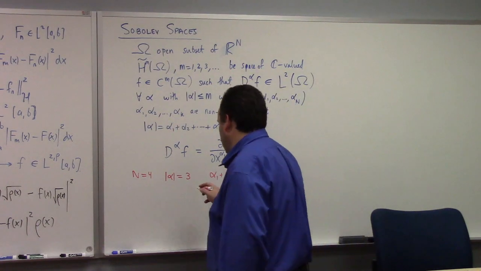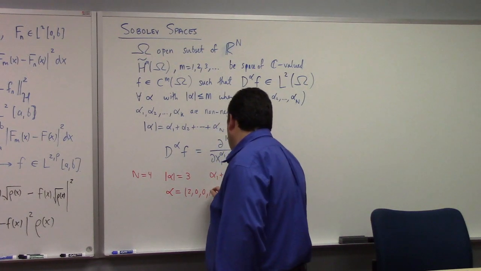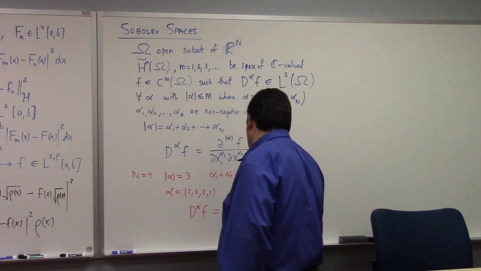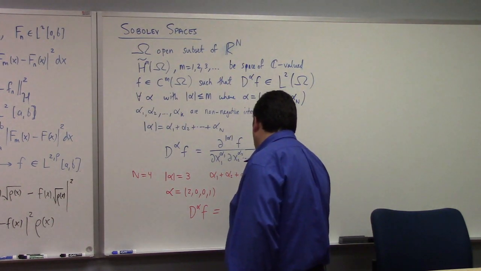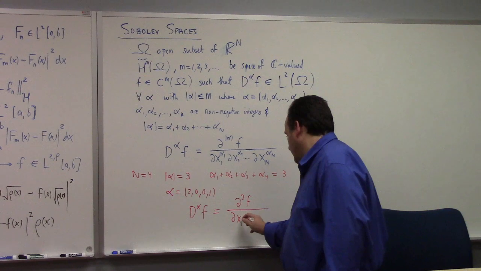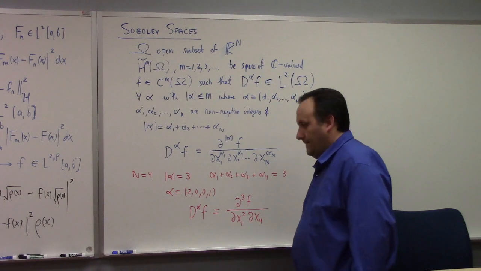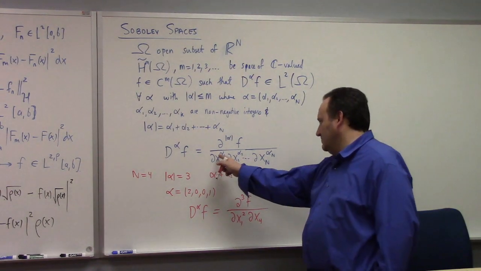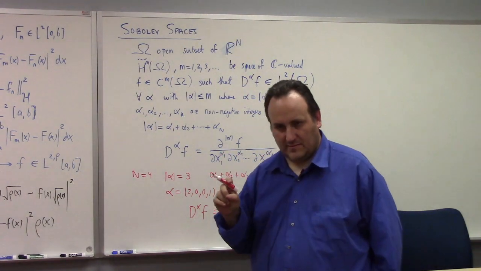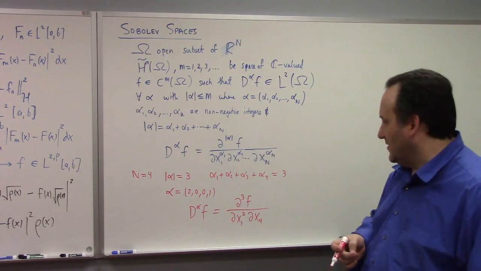And what that would mean, for example, if alpha was literally equal to, let's say, (2, 0, 0, 1), then D^alpha f would literally mean the third derivative of f with respect to partial x1 squared, partial x4. And the understanding is when you've got a 0 for that, it's not appearing. This is a very slick notation for a host of multivariate derivatives.